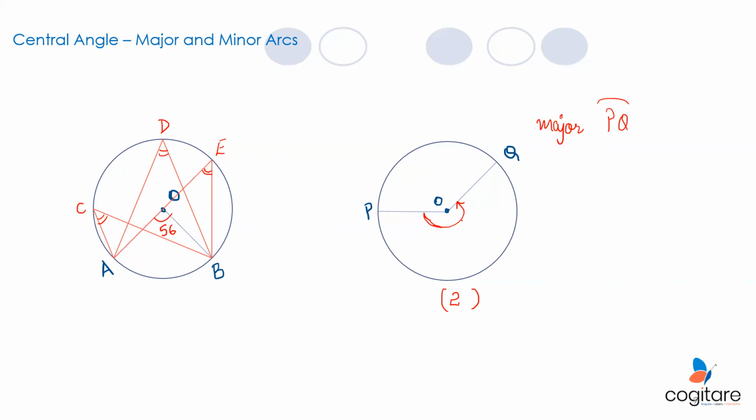Then what is the relationship between the central angle and the angle subtended at some point that is not on the arc, but somewhere else on the circumference? Shall we try and figure the same thing? Cool.